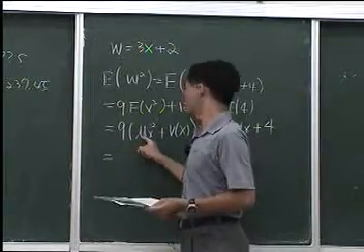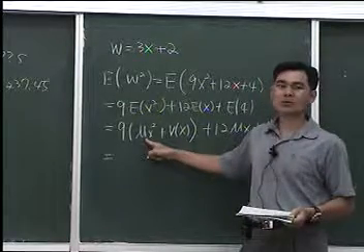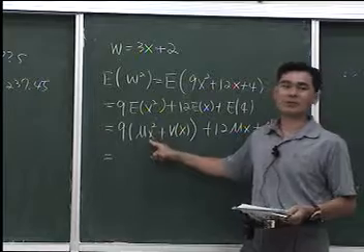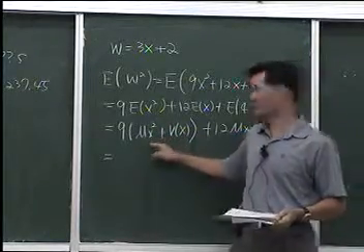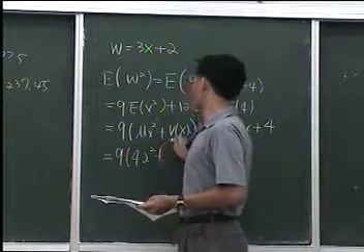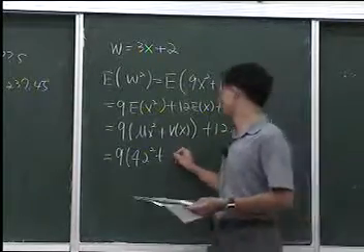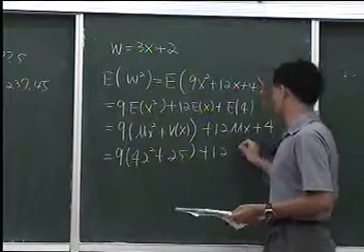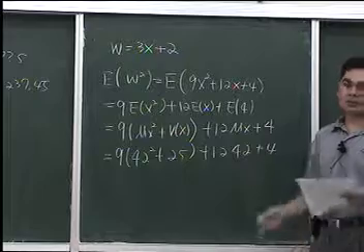And mu x is equal to 42, is that right? No, it is 42 square, okay? It is not 42. Some of you just plug in 42, that's wrong. It is 42 square. So 9 times 42 square plus this one, it is 25. And plus 12 times mu x, that's 42, plus 4. So basically, you should be able to get it.